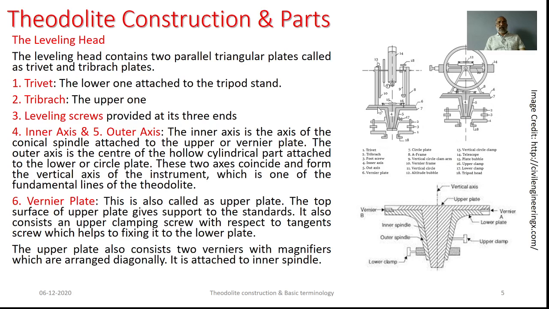Here, as we move ahead, what you see is 2 spindles. One is solid, the other one is hollow, and they are fitted within each other with the same vertical axis. The upper portion that you see is called the upper plate, and the lower portion is termed the lower plate.